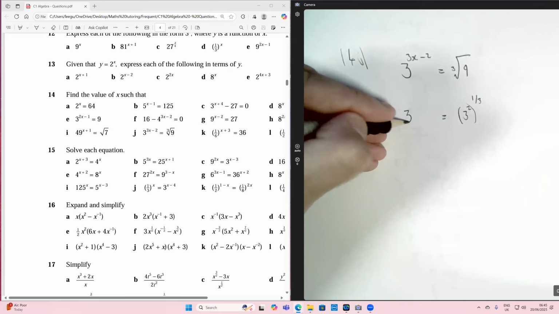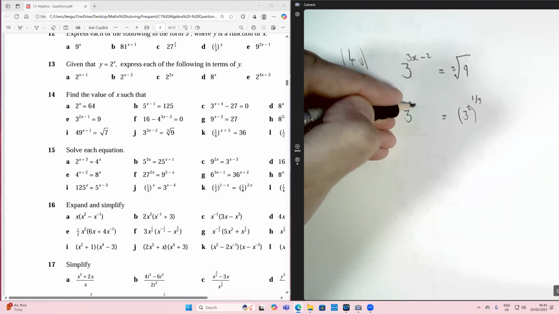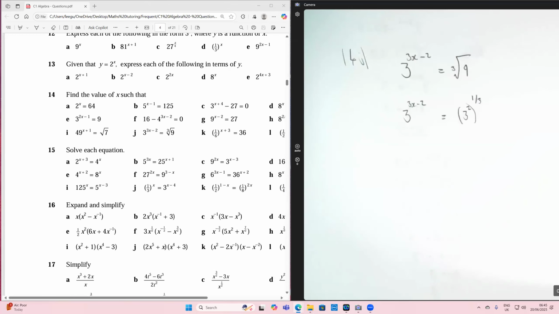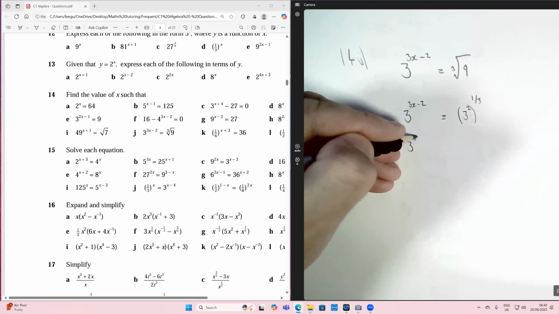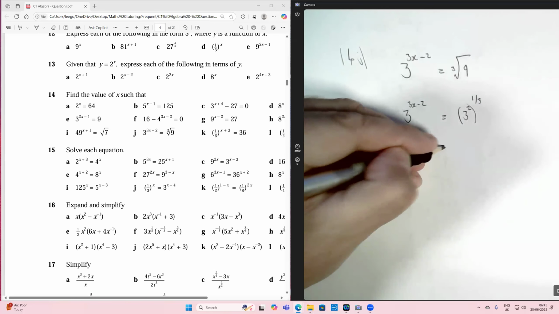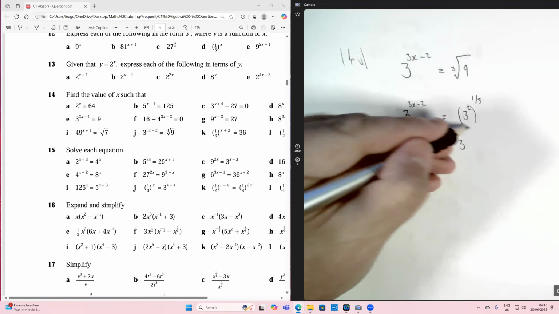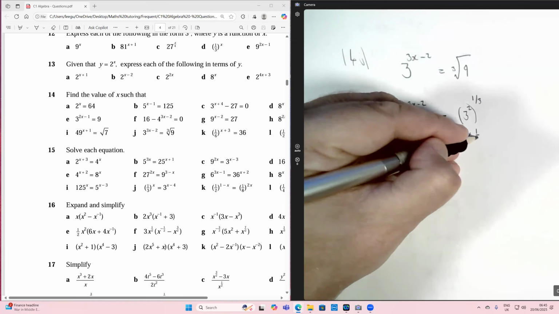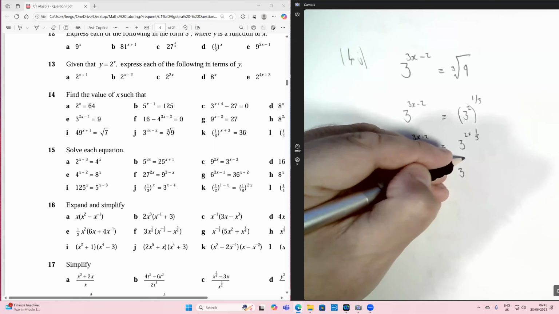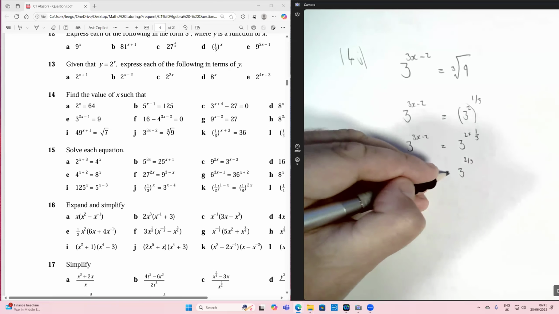Okay, so we've now got 3 to the power of 3x minus 2 is equal to 3 squared to the power of a third. Again, using our laws of indices, we can write that as 3 to the power of 2 times a third, which is 3 to the power of 2/3.